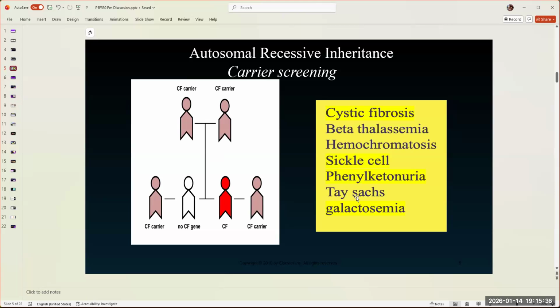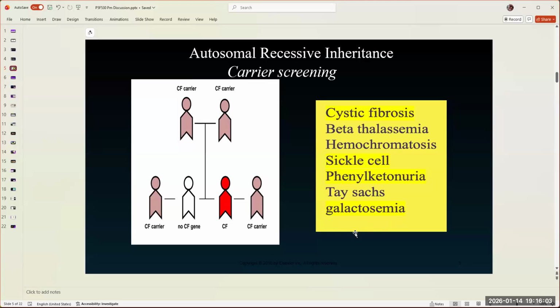This list of disorders here: cystic fibrosis, beta thalassemia, hemochromatosis, phenylketonuria, Tay-Sachs, and galactosemia. Those are all recessive genes. PKU and galactosemia are defects in metabolism.